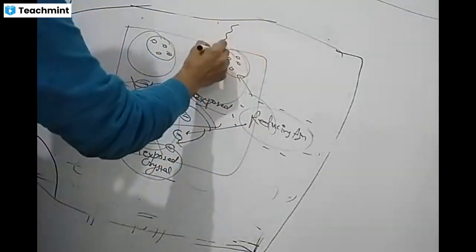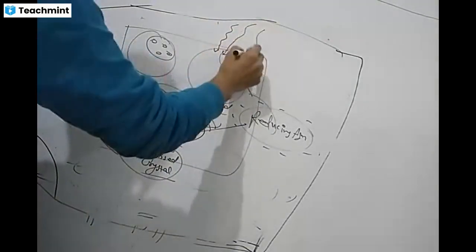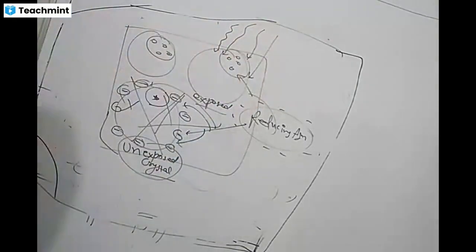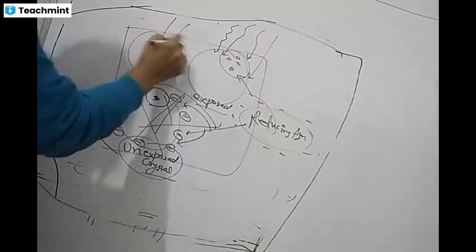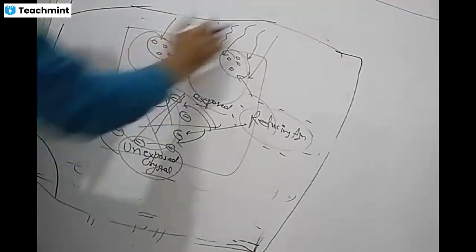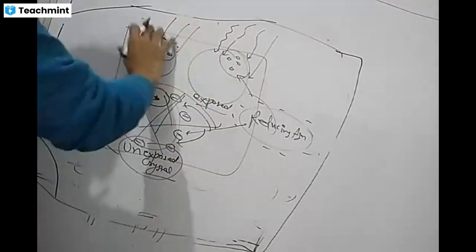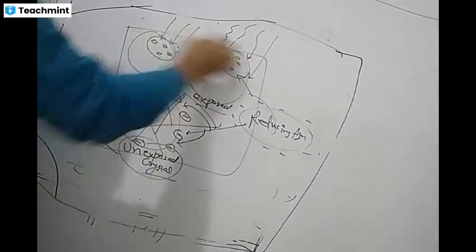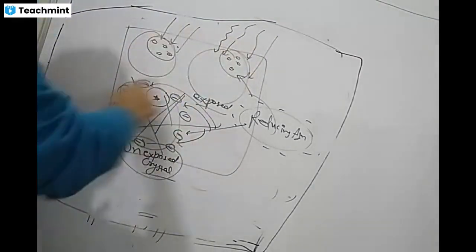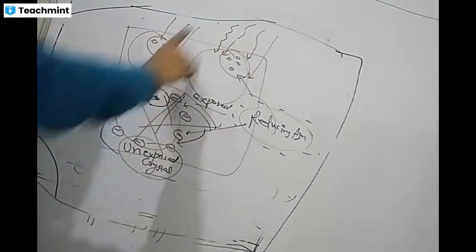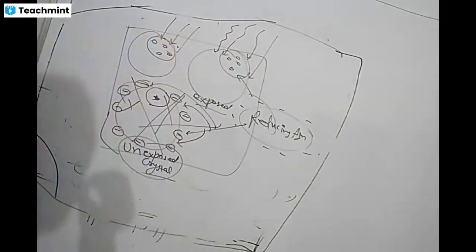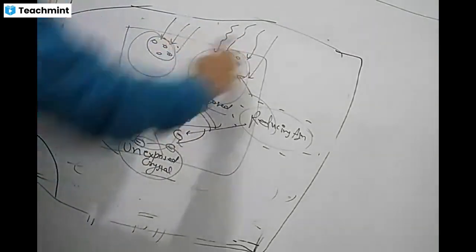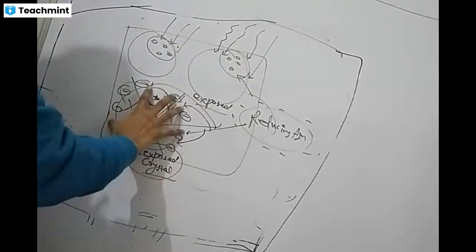Exposed means those crystals on which X-ray photons were incident. Suppose these two were the ones on which X-ray or visible light photons interacted, and because of the interaction, a latent image center forms. But this crystal did not have any exposure to the photon, so it is an unexposed crystal.